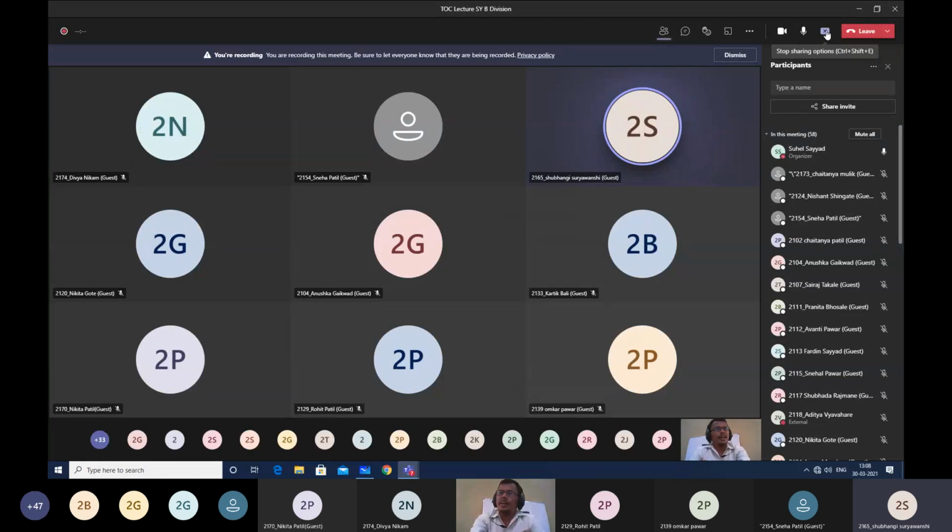Is the handwriting visible? Yes, sir. Is it required that I teach you on a board or something? See, I am teaching on the computer only. This is another way I can teach. I can focus it on a whiteboard. You can see a whiteboard behind me right now.